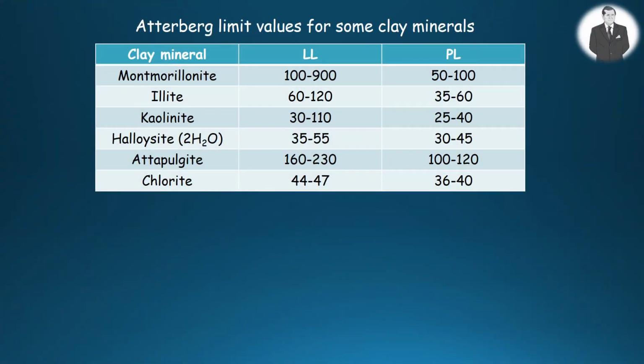Consistency limit values, in other words, Atterberg limit values, for some clay minerals are given in the table here. If you notice, montmorillonite has the greatest liquid limit, followed by attapulgite.